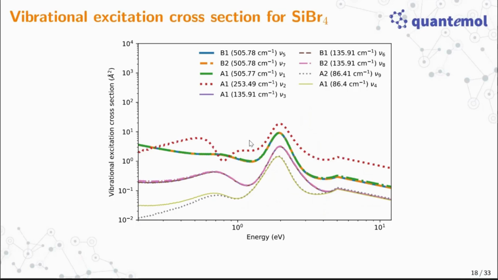Vibrational excitation, I also calculated for all the vibrational modes for the V equals 0 to V equals 1 transition. And again, these look reasonable with some resonance structure. And the code will calculate the vibrational frequencies as well, which is a useful diagnostic because you can compare that with data from NIST.